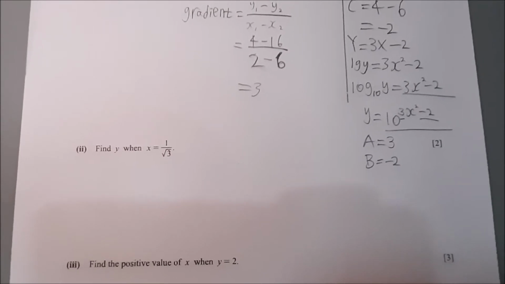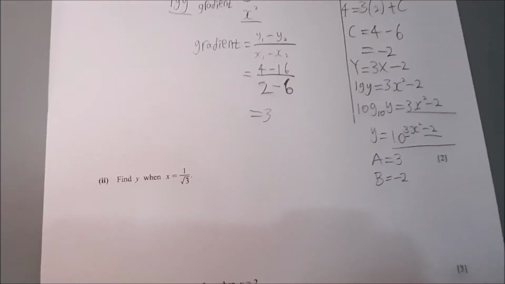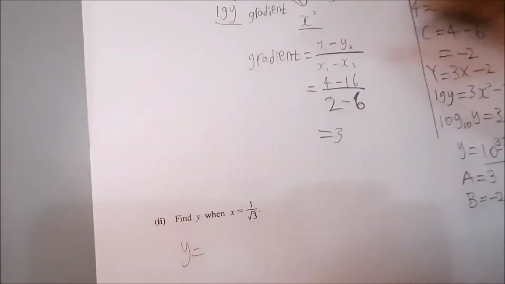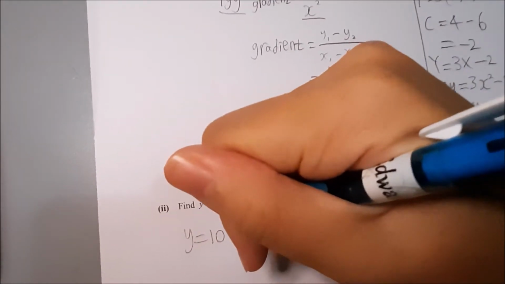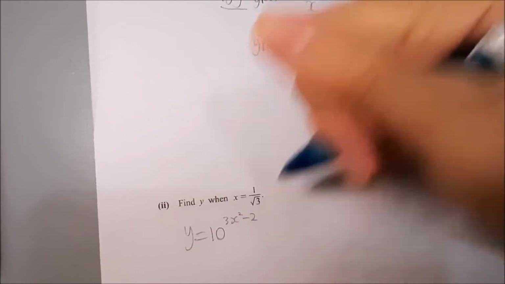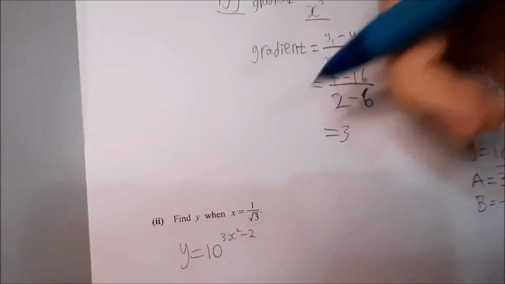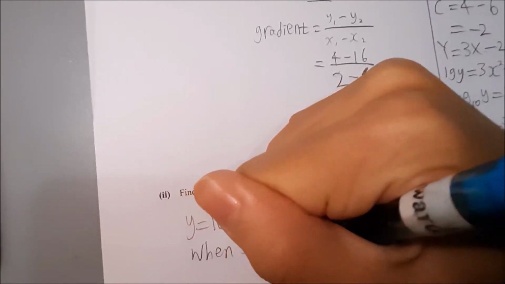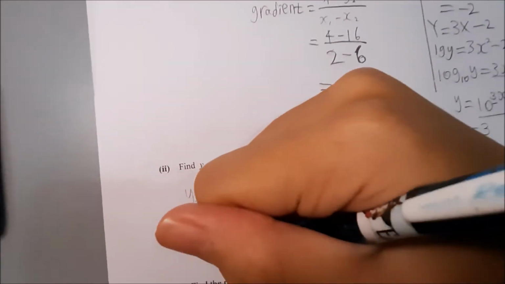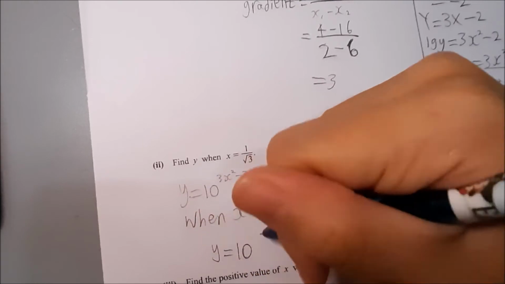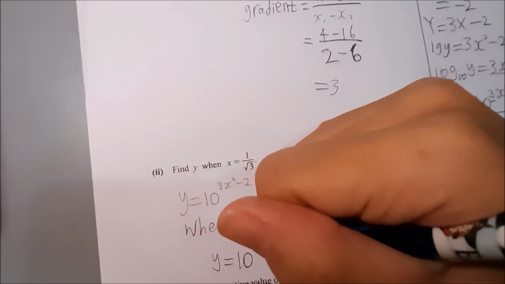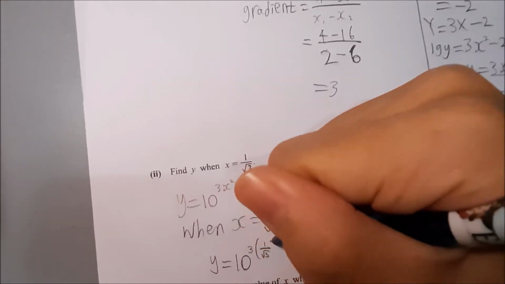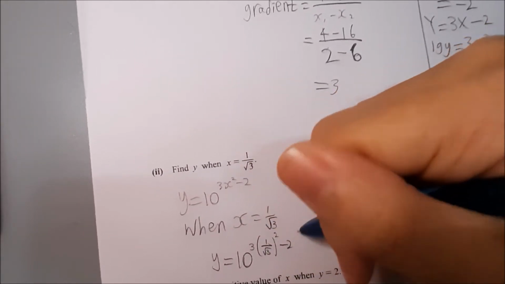Part 2. Find y when x equals 1 over square root of 3. So now we know that y equals 10 to the power of 3x squared minus 2. When x equals 1 over square root 3, y would equal 10 to the power of 3 times (1 over square root 3) squared minus 2.